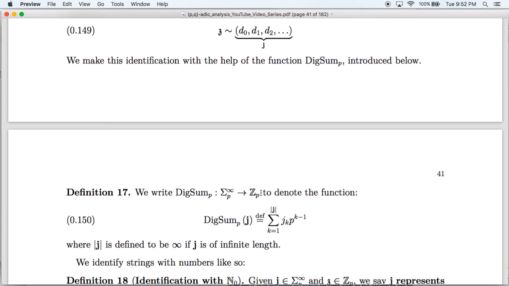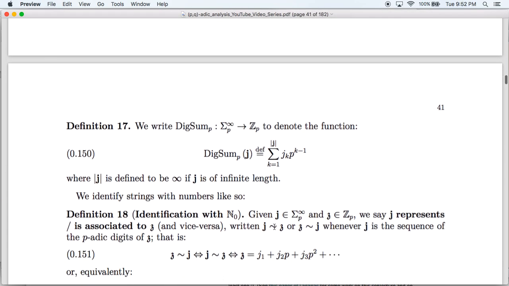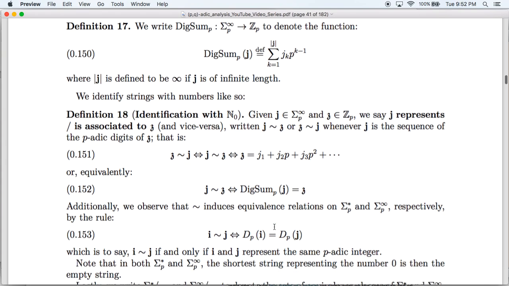Given an integer p, I write digit sum p to denote the function which accepts a string of infinite or finite length and outputs the p-adic integer where we take the j's and add them in order. So the same order that we write the j's is the same order that we write the digits of our p-adic integers. The details of our identifications are as follows.